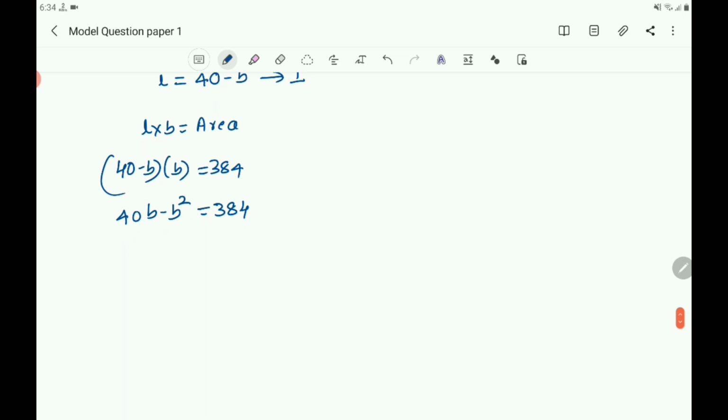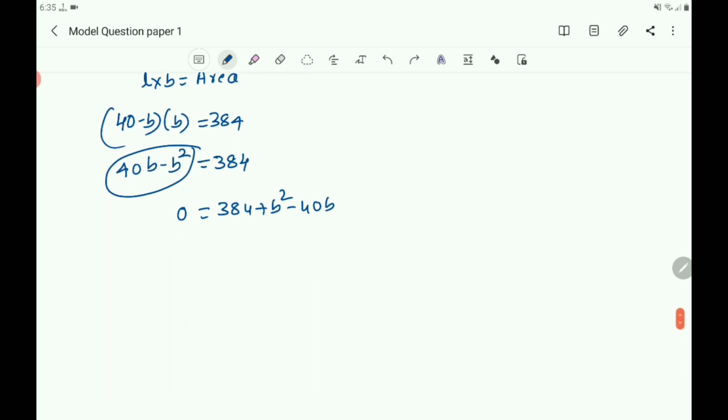Now to bring this to the form of ax square plus bx plus c equals 0, here it is having negative, so you transfer both to the RHS. Then 0 remains here, equals 384 plus b square minus 40b.